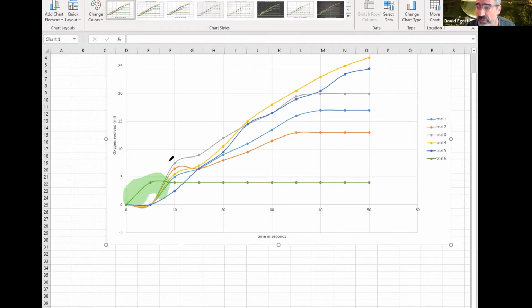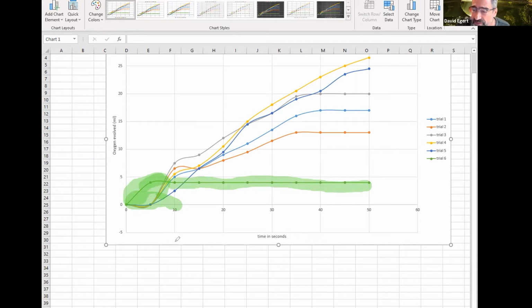So the first 5 or 10 seconds, you probably don't want to trust. What about the bigger picture? Does it seem like there is a reaction with distilled water? Nope. Once you have that artifact, this is flat as a board.